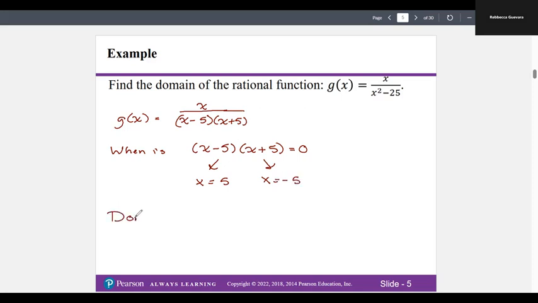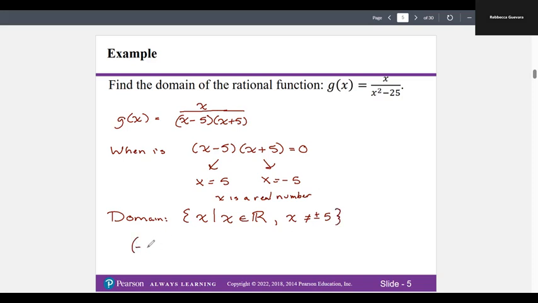So our domain: x such that x is a real number, and x cannot be negative or positive 5.